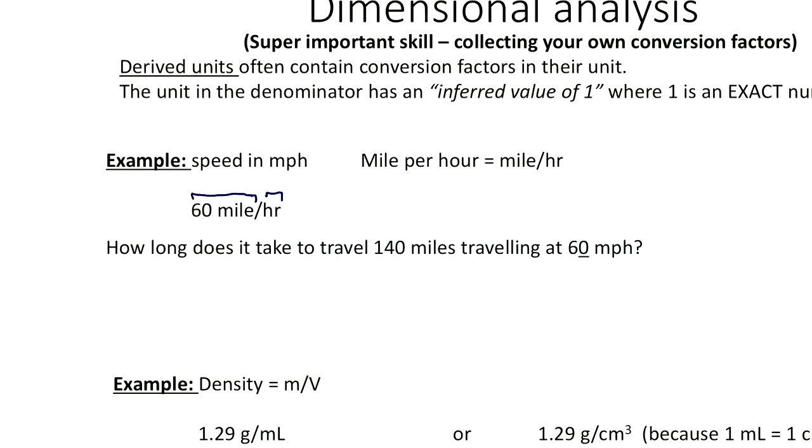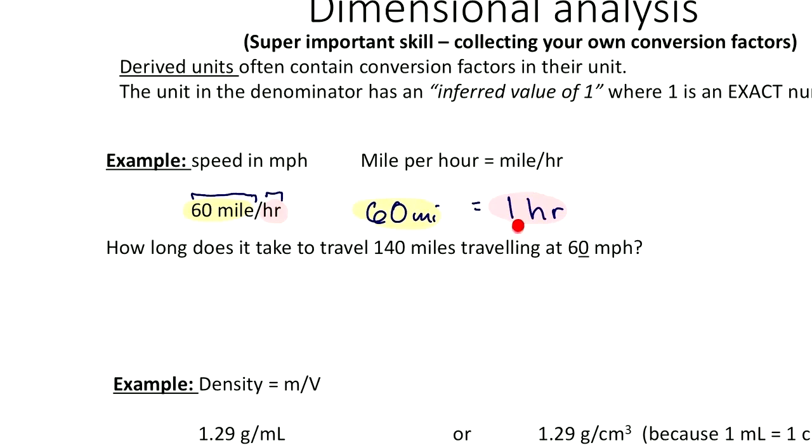So I'll give you an example. Okay, if you're traveling at 60 miles per hour, in 1 hour, how far do you go? 60 miles. So there is our equality. See how I took the top unit and number and set it equal to the bottom unit with an inferred 1, right?